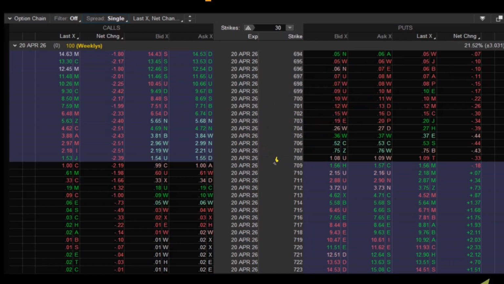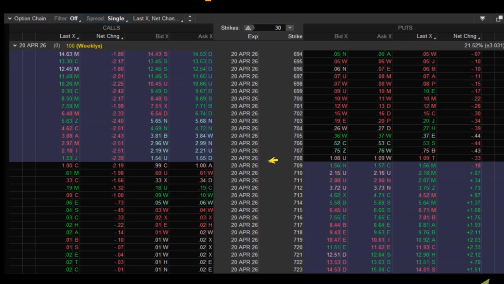This is the Thinkorswim platform. So any platform, whether on mobile or desktop, is going to be laid out very similarly to the way this is laid out as an option chain goes. So again, as I mentioned, the purple area on the left represents the calls that are in the money, and the purple area on the right are the puts that are in the money.